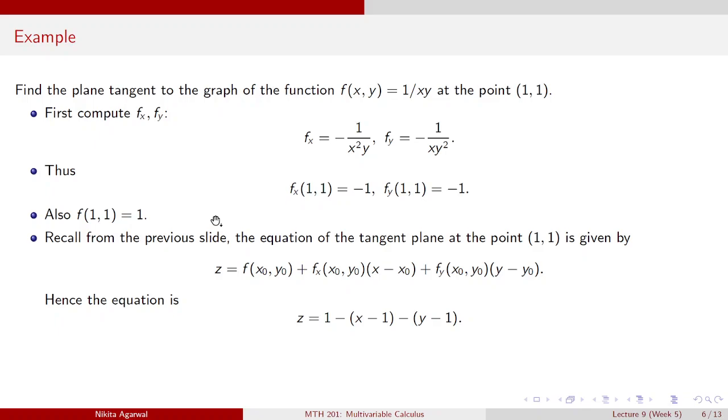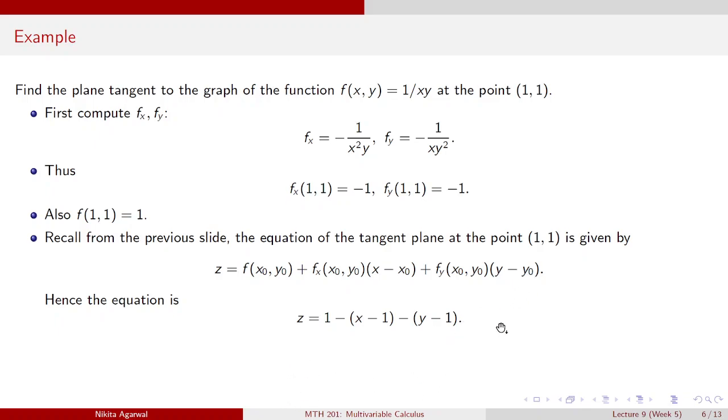So putting it in the equation of the tangent plane, which is z equals f(x0,y0) plus the partial derivative of f with respect to x times (x minus x0) plus the partial with respect to y times (y minus y0). So z remains as is, f(1,1) is 1, f_x(x0,y0) is minus 1, so minus sign, x0 is 1, then f_y(x0,y0) is minus 1, so you get a minus sign, and y minus y0, where y0 is 1.